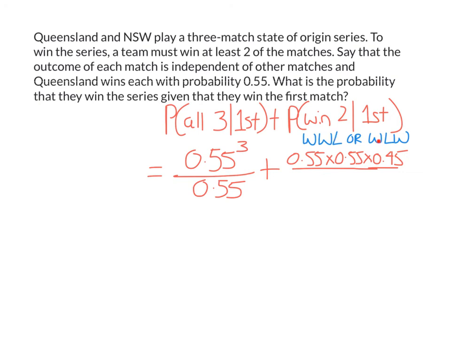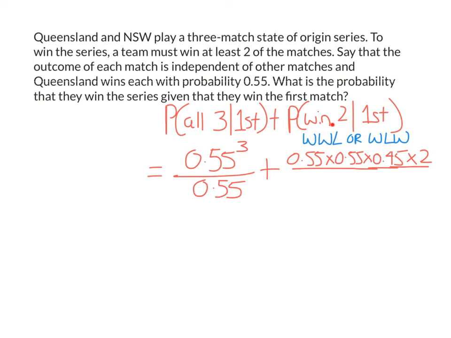But then the second one is actually going to be the same. It's going to be 0.55 times 0.45 times 0.55. It's going to be this same number here, so we can just times that by 2. This tells us the probability that either this happens or this happens. Because these 2 have the same probability, we can just times this probability by 2.